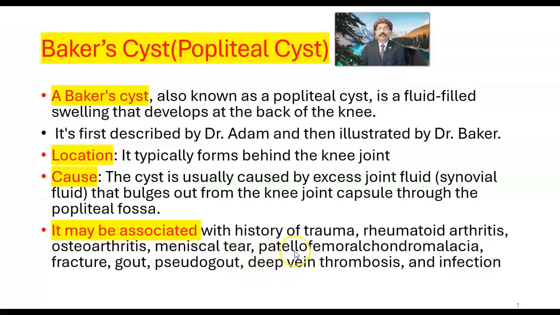It may also be associated with patellofemoral chondromalacia, maldevelopment of the patellar cartilage, and also the associated articular cartilage and the bone. Fracture, gout, pseudogout, deep vein thrombosis, and infection like tuberculosis of the knee joint.